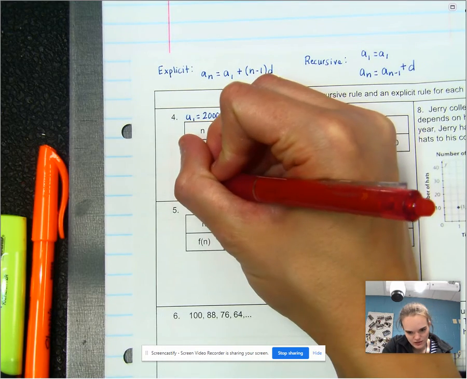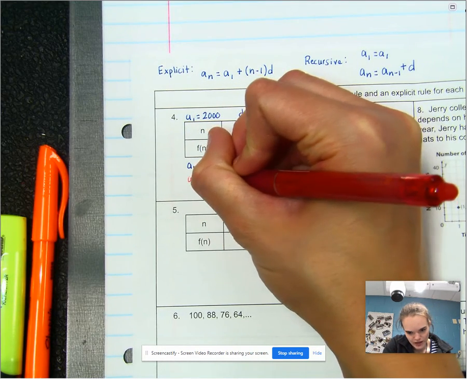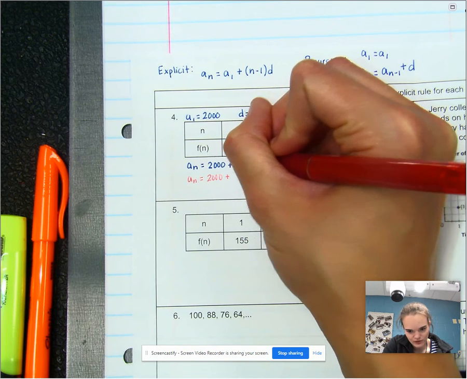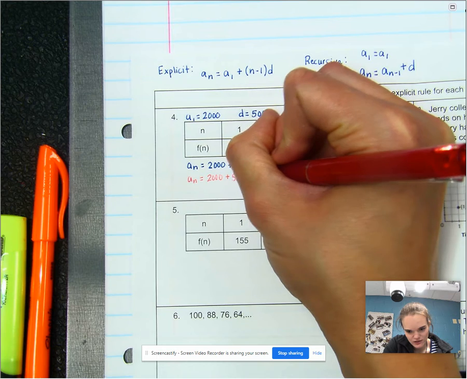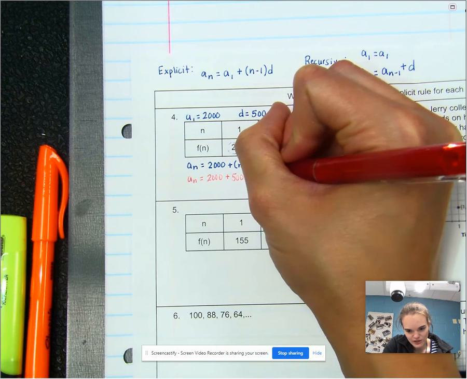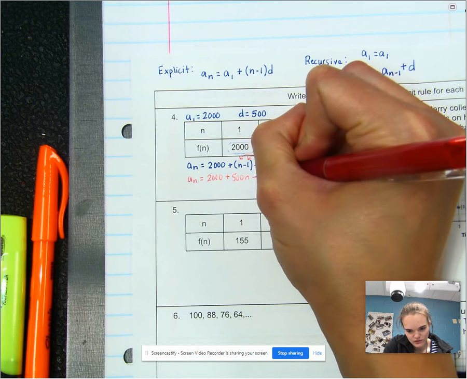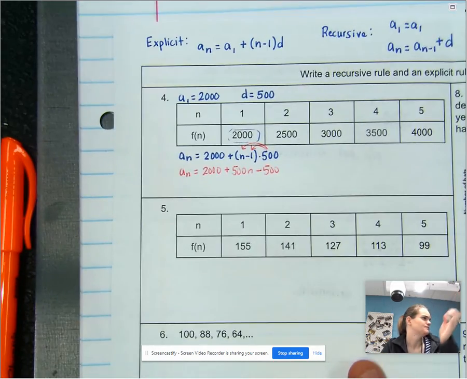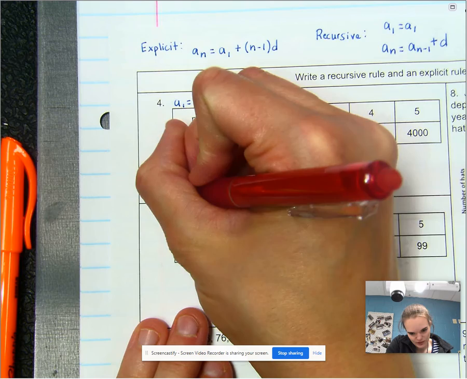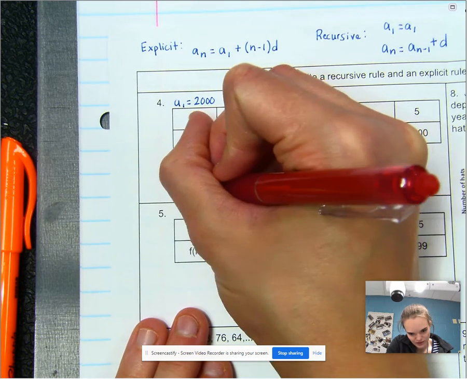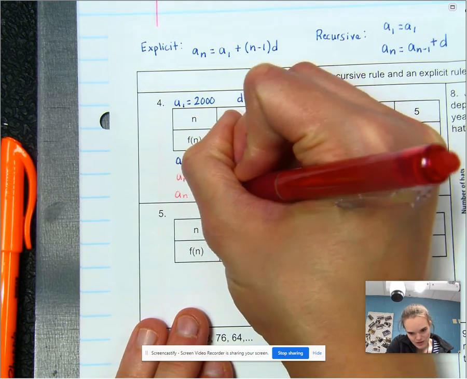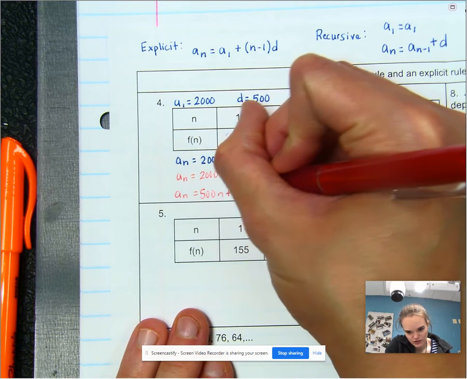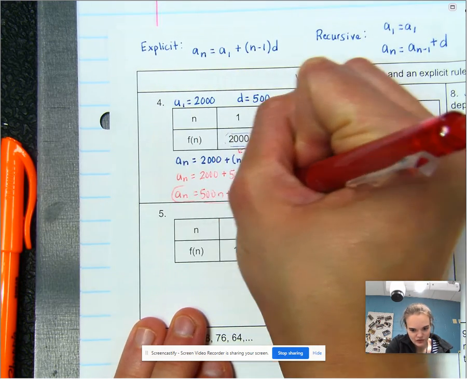So A sub n equals 2,000 plus 500 times n is 500n. 500 times negative 1 is negative 500. Now, combining like terms, A sub n equals 500n doesn't have a like term, but 2,000 minus 500 is 1,500. There is my explicit rule.